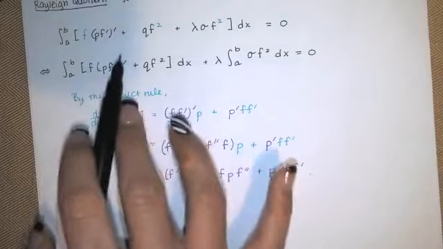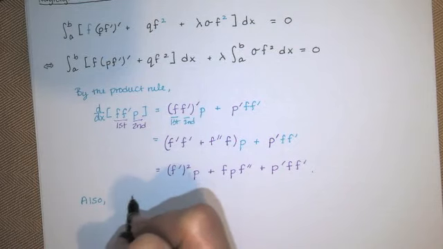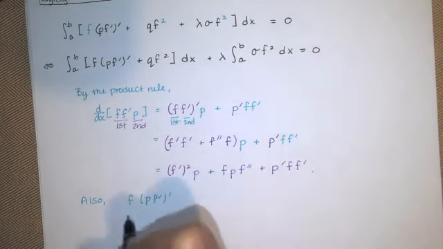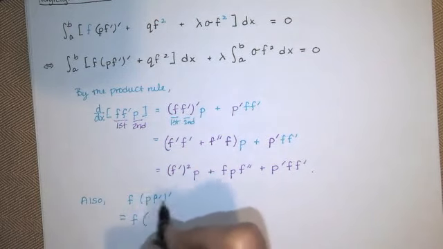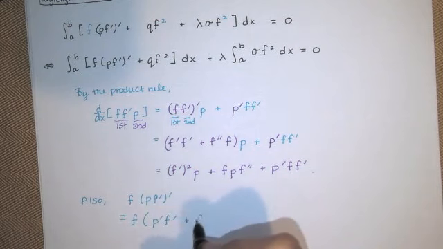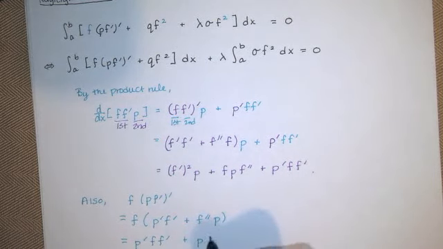If I just expand that expression right there, I've got F times P F prime prime. By the product rule, the derivative of this piece is derivative of the first times the second plus derivative of the second times the first. I end up with P prime F prime plus P F double prime.